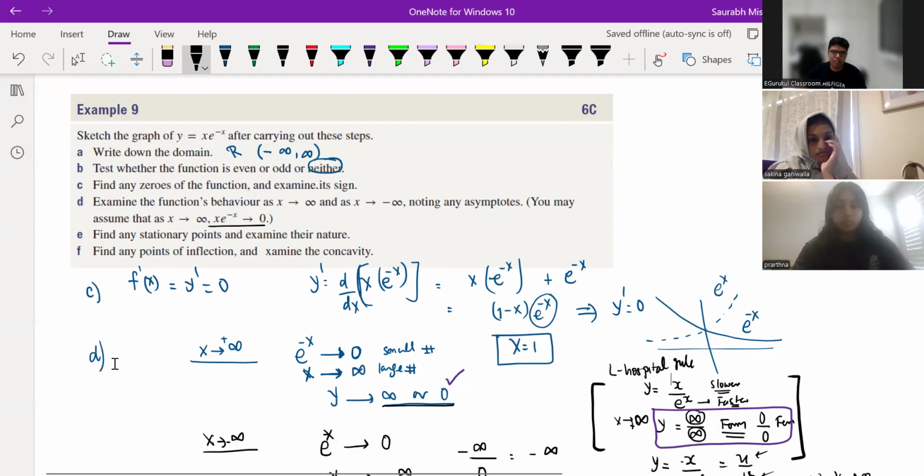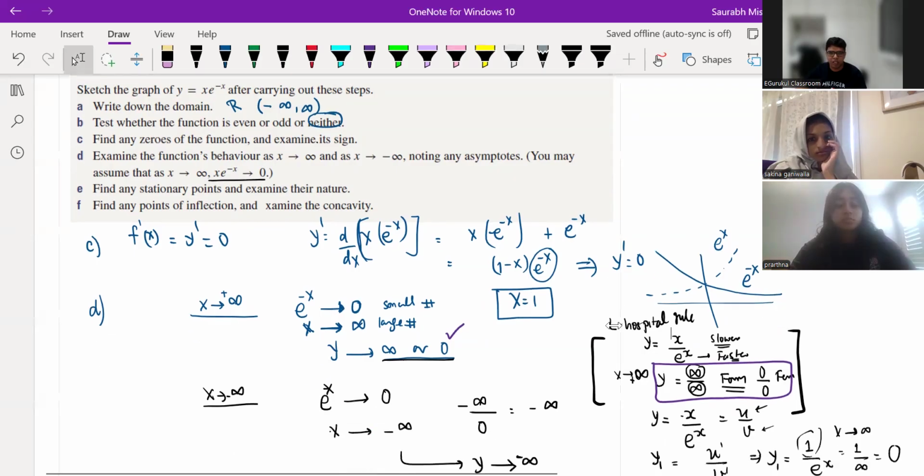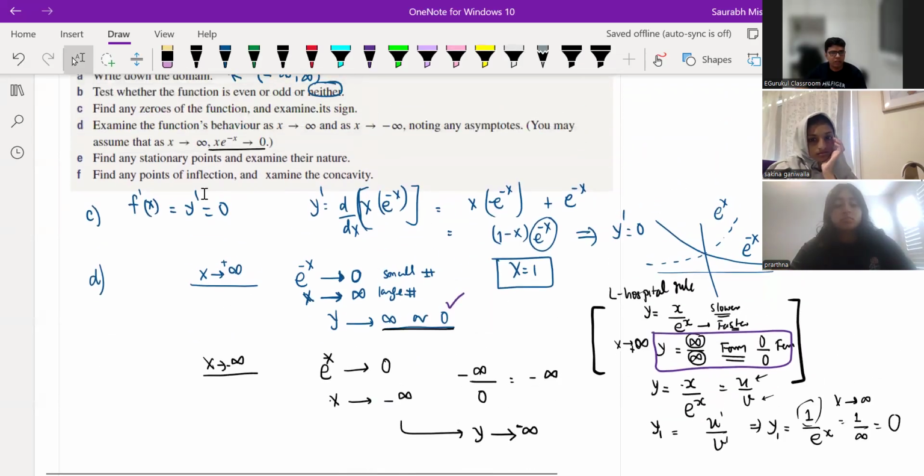Let's do one practice for L'Hospital rule again. Find any stationary point or examine their nature. Let me give you another question.